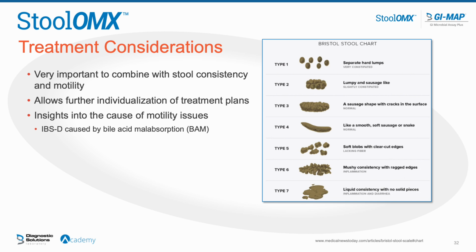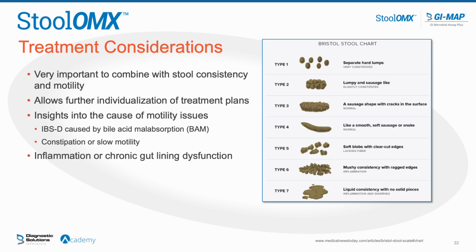And in cases like BAM, this can allow you to explore treatment options like bile acid sequestrants, fiber as a binding agent, TUDCA, lecithin, etc. It may also guide you to alter or change a medication based on that medication's mechanism of action if it's altering bile acids or short-chain fatty acids. And on the other side of the spectrum, low levels of bile acids have been associated with constipation or slow motility. So you could consider treatments aimed at increasing bile acids to promote normal motility.